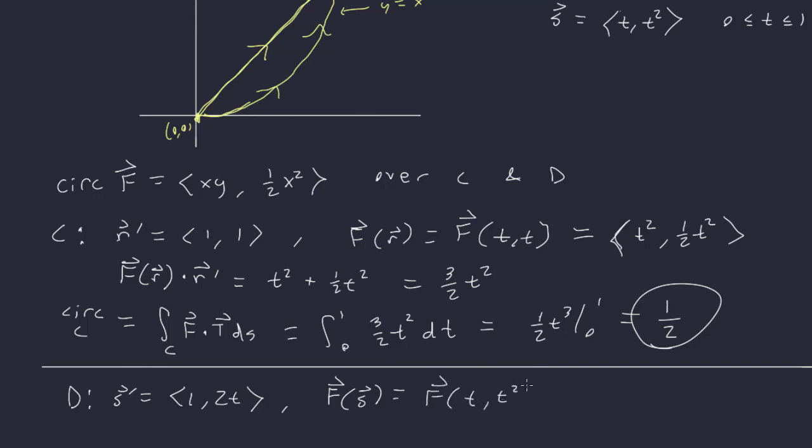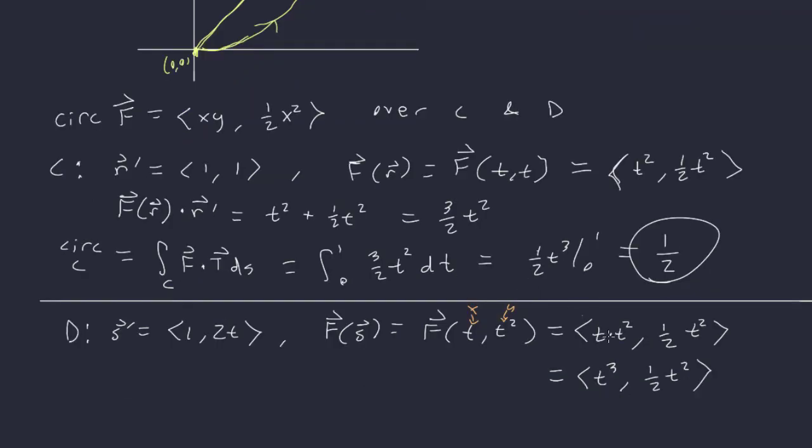So this one's a little, I won't say necessarily it's tricky, but it's easier to make mistakes than with F of (t, t), right? So our x is going to be t, our y is going to be t squared. Okay, so for xy, we're going to get t times t squared. Here just showing what I'm doing. And then 1/2 x squared will be 1/2 t squared.